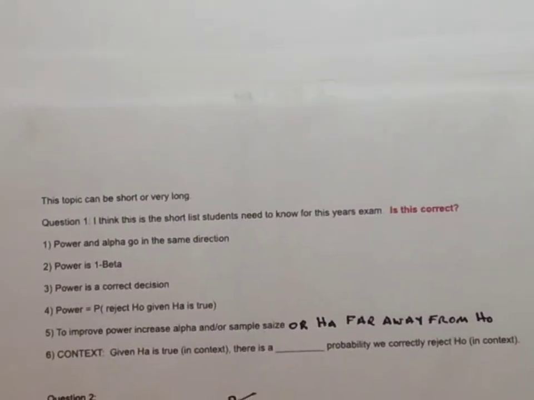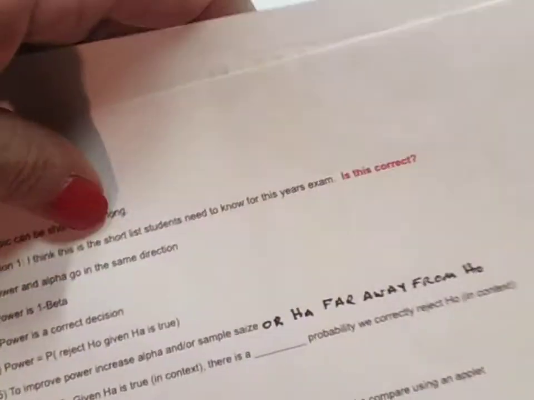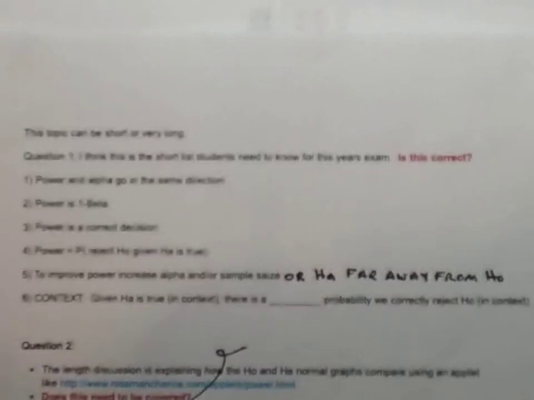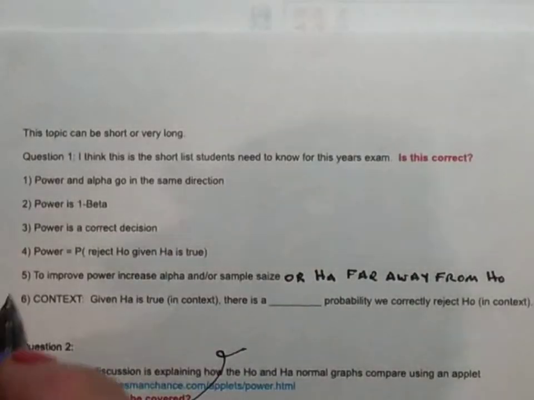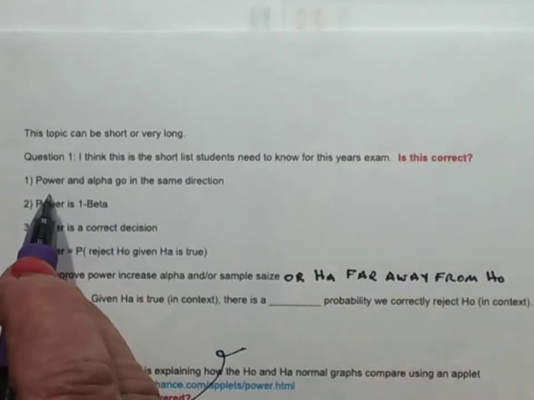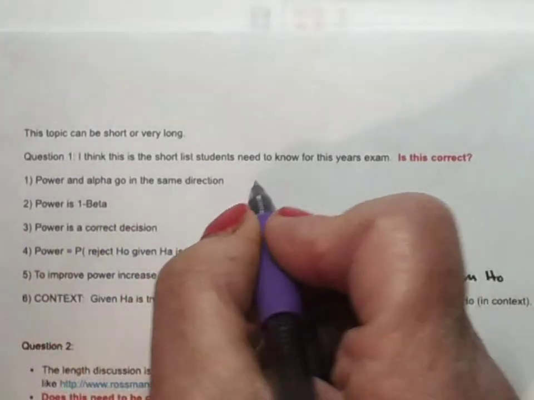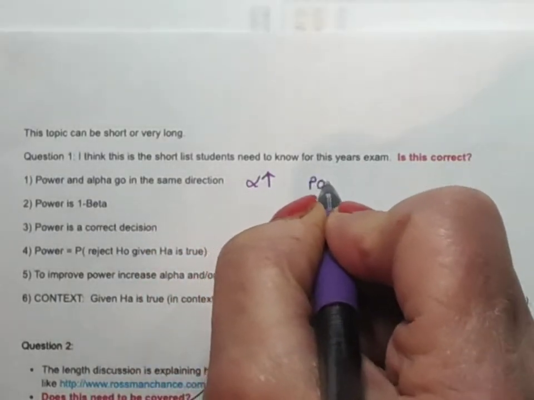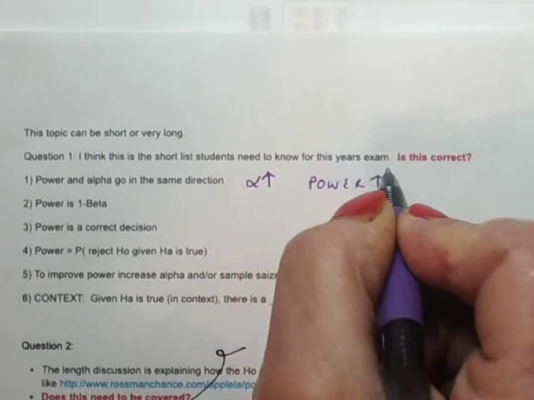Okay. So I've contacted my colleagues through AP Statistics. We have a board, and this is all you need to know about power. Power and alpha go in the same direction. So you increase alpha, power goes up.